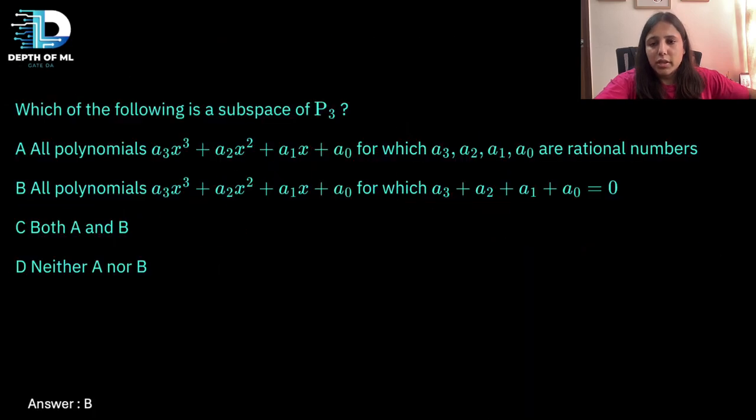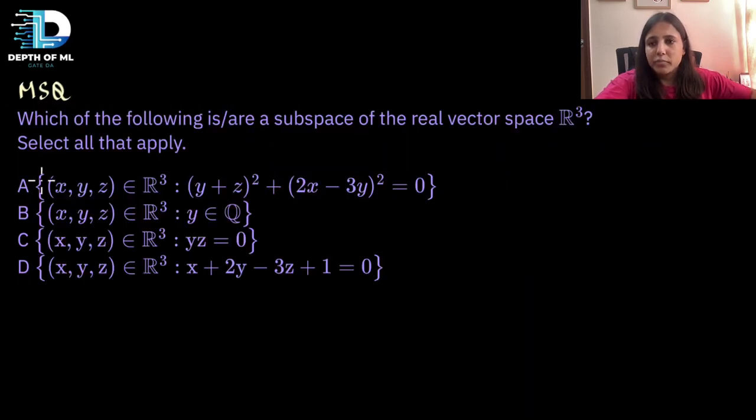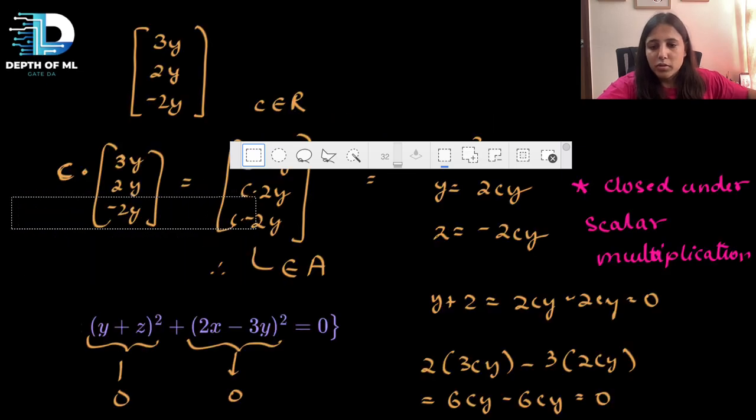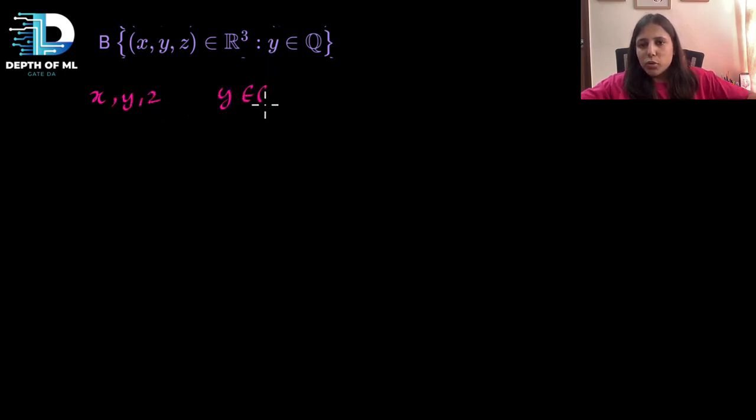Fine, so the option is actually correct. Now let's take the second option. So this is x, y and z, and y belongs to Q. What is Q?